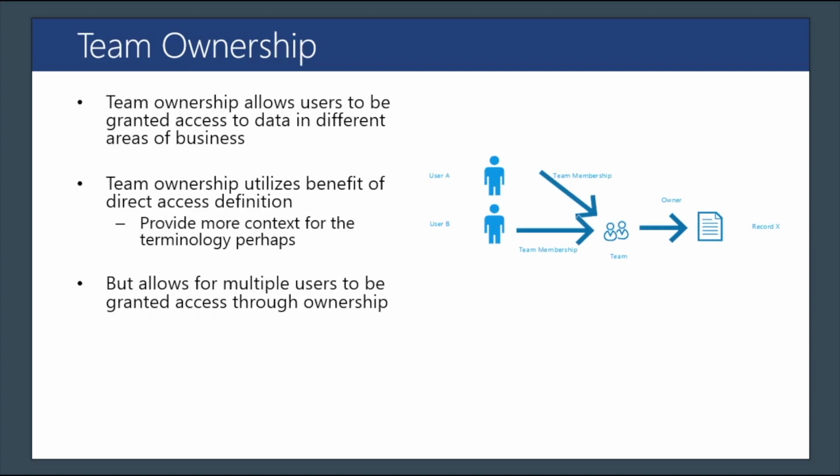Team ownership allows users to be granted access to data across business units or within a specific business unit. So if we have user A and user B, and they're both members of the same team, let's say Team A, and Team A owns the record, those users would have the access granted to the team to that particular record.